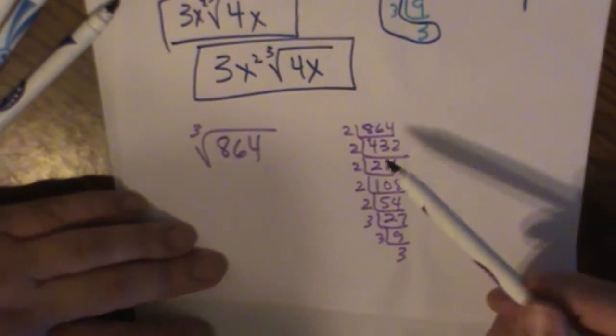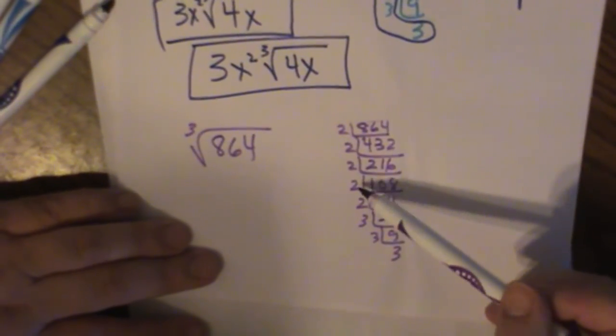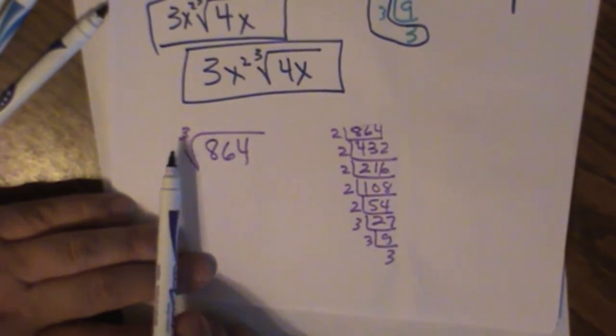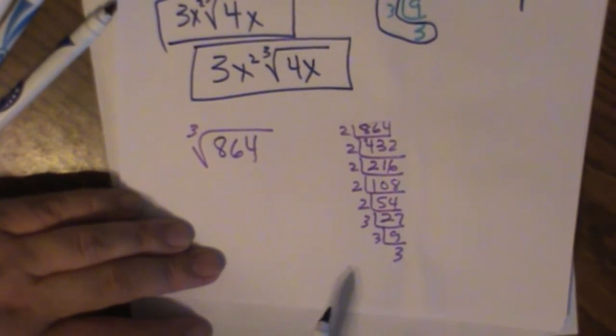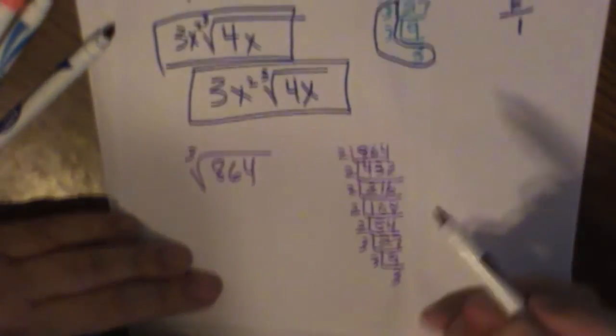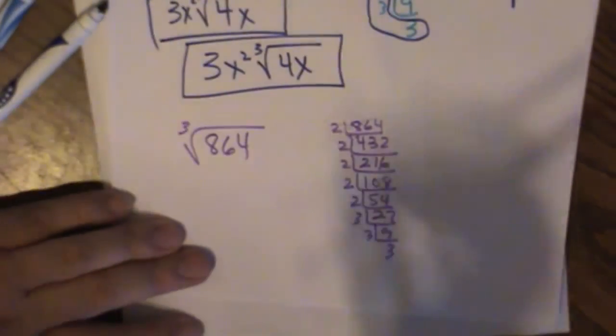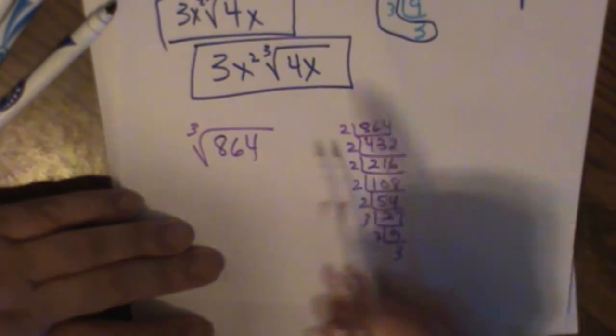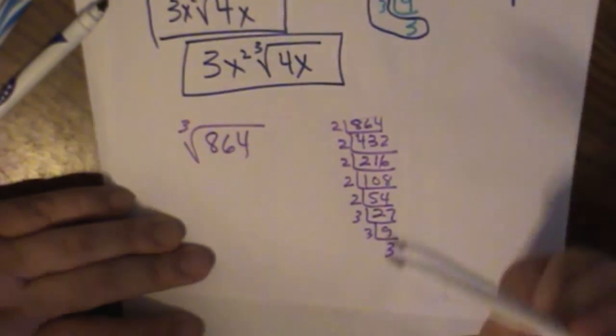Now granted, you could have taken out 4 here and another 4, but since we're looking for an index of 3, it's probably best to go down as far as you possibly can to the smallest factor in the long run. It's a little more time consuming, but you don't have to go back and factor again like we did before.